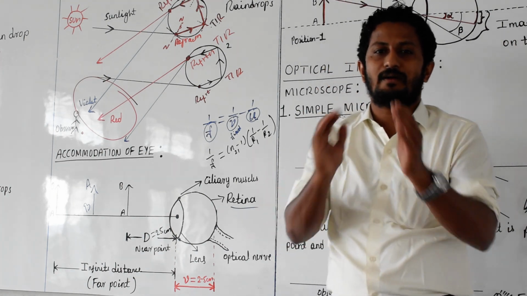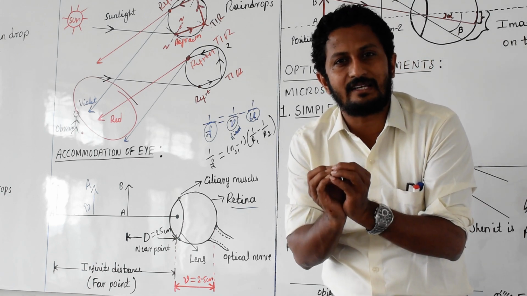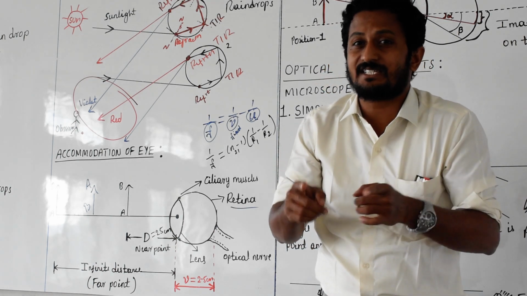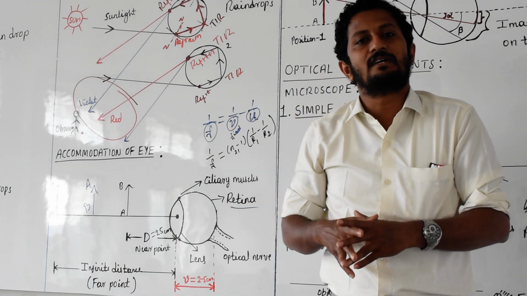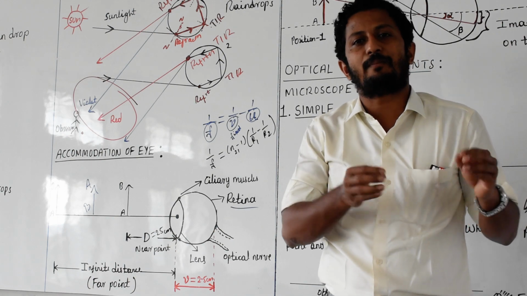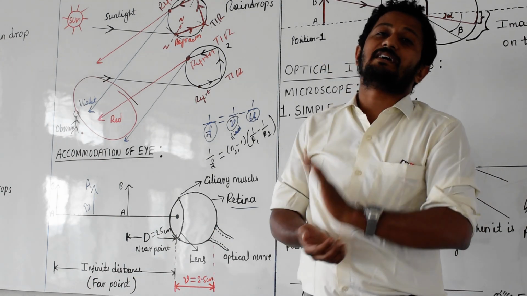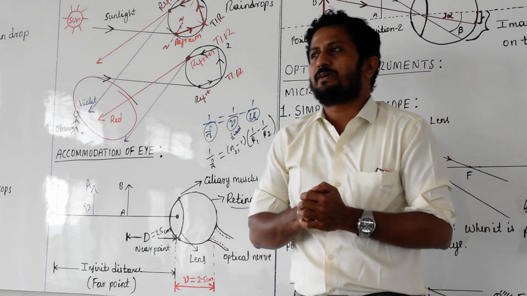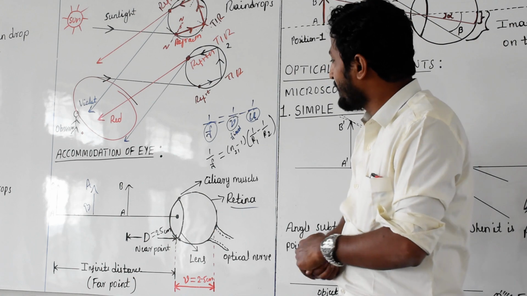So by stretching or compressing the eye lens, there is a change in its focal length. This happens automatically with the help of ciliary muscles. This we call the power of accommodation of the eye.